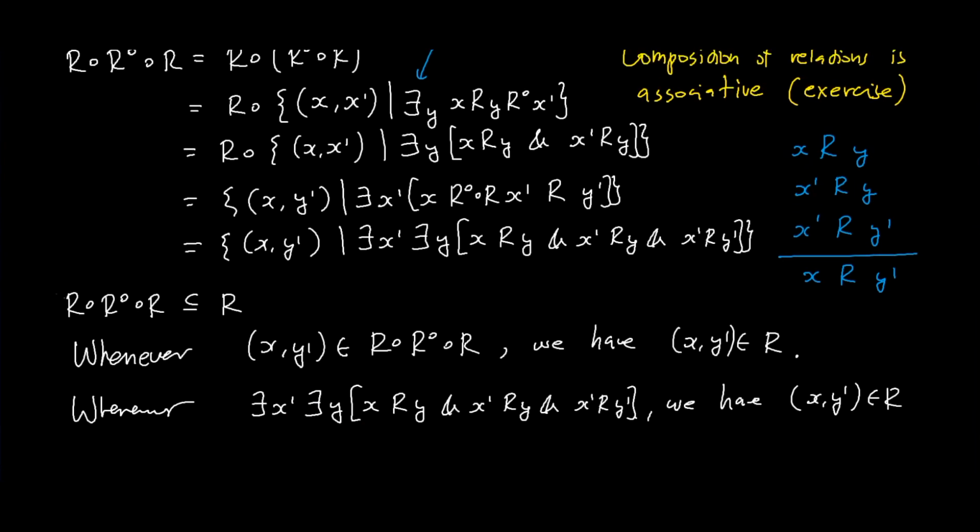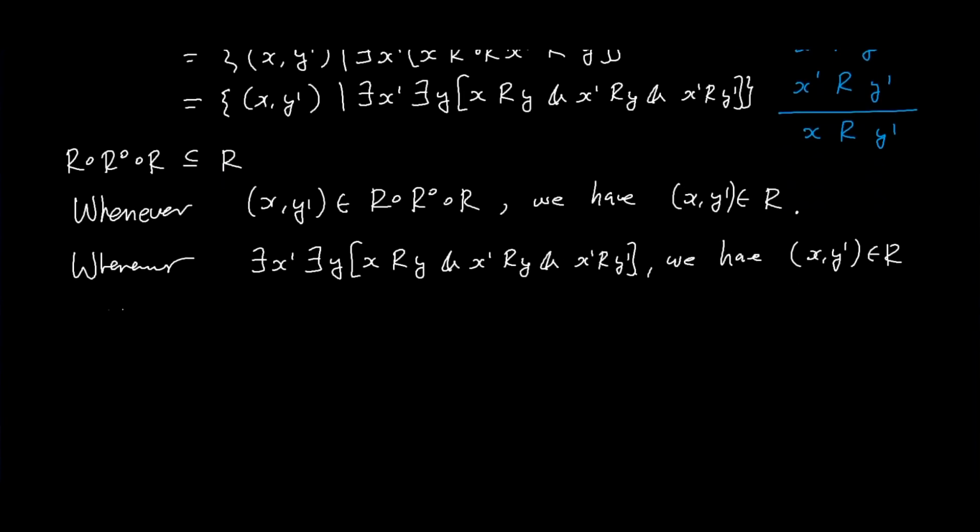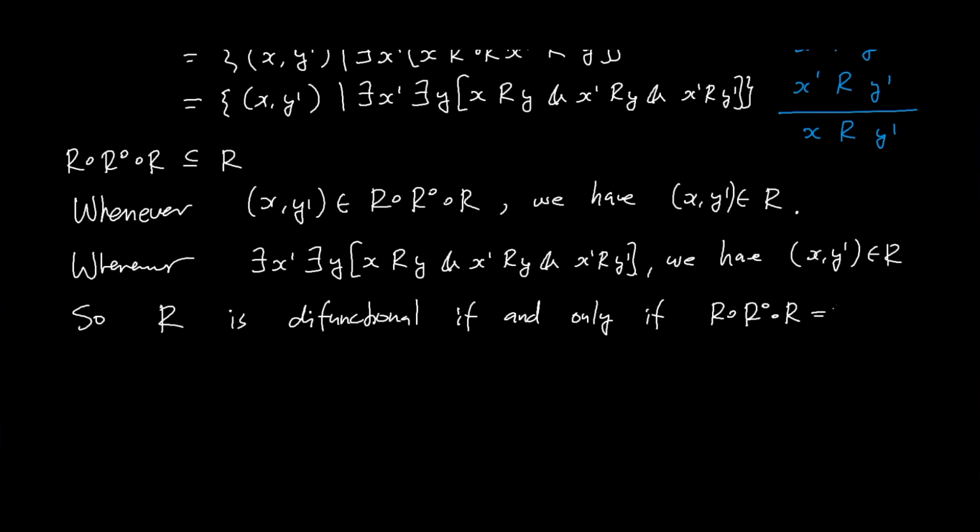So this becomes directly equivalent to the property of difunctionality. So R is difunctional if and only if this triple composite is a subset of R.